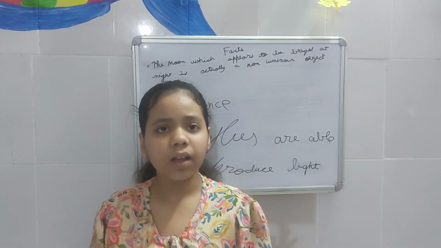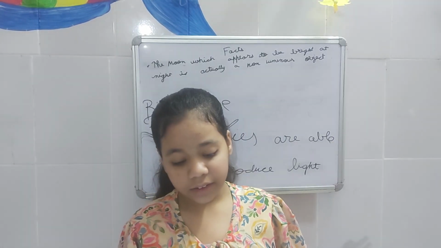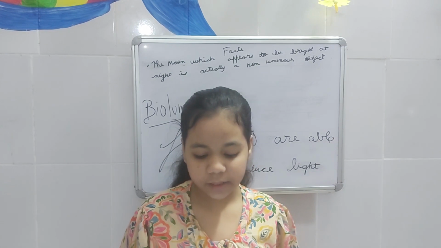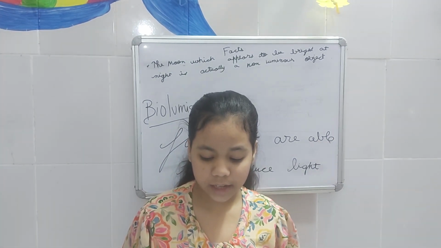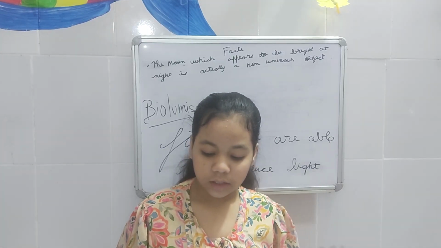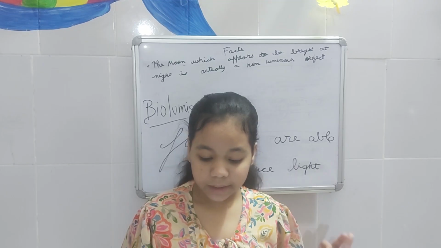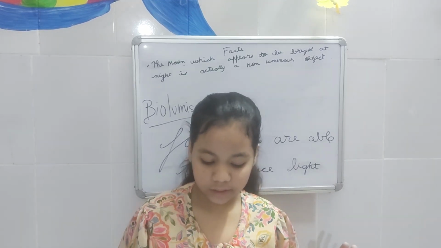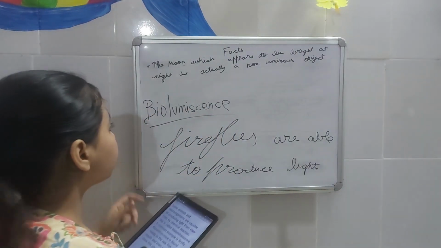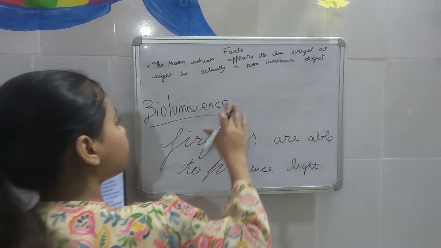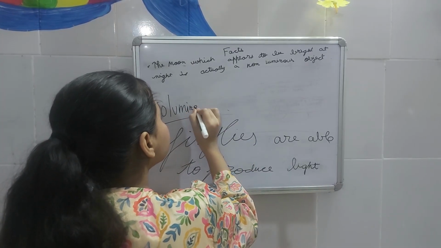So let's start. Some animals and microorganisms are capable of producing light of their own from their body by the chemical reaction. This is called bioluminescence. Wait, this is actually not the spelling of bioluminescence.